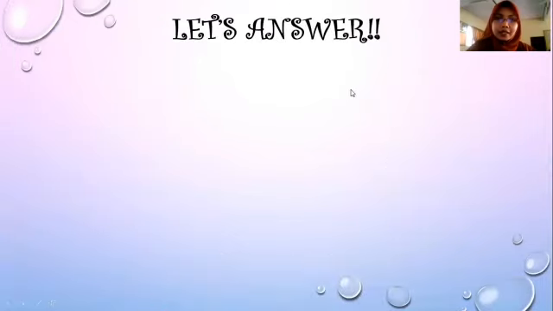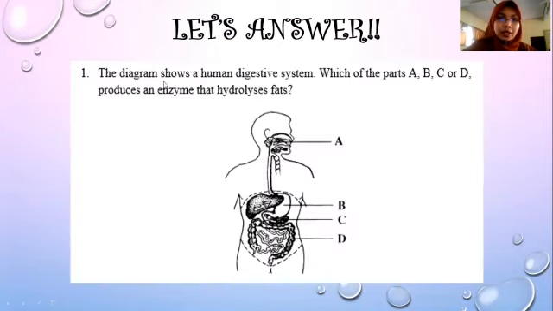Let's answer a few questions to check your knowledge. First question: the diagram shows a human digestive system. Which of the parts A, B, C, or D produces an enzyme that hydrolyzes fat? A is our mouth, B is our stomach, C is the pancreas, and D is the large intestine.